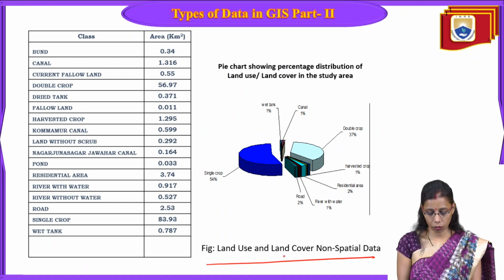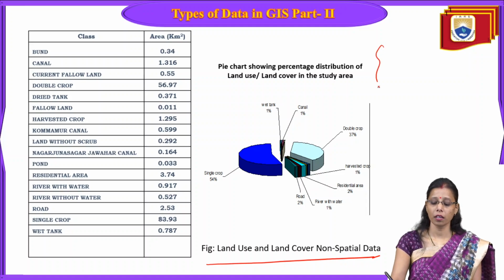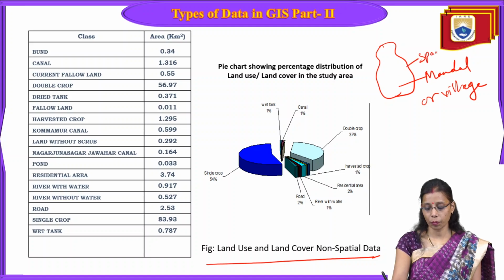It is like land use and land cover, non-spatial data. Of an area, if I want to show, suppose this is my area, I have taken this as a mandal, or let me say it is a village. This is the boundary, and this boundary is called spatial.